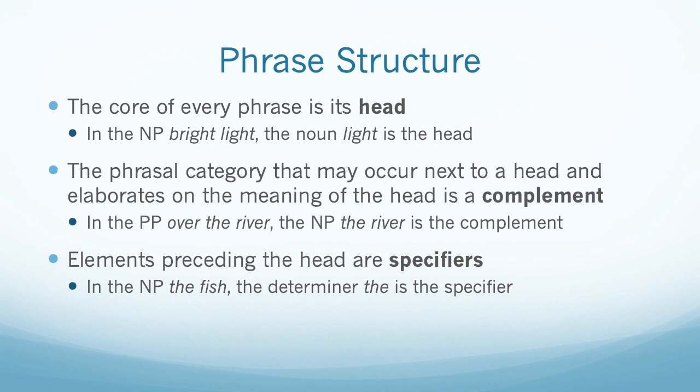A complement can be a number of different things. For example, in the prepositional phrase over the river, the noun phrase the river is a complement of the preposition over.